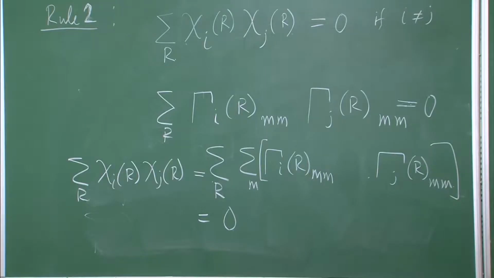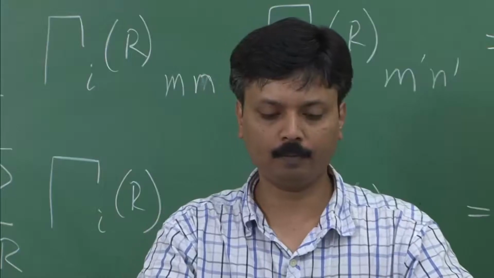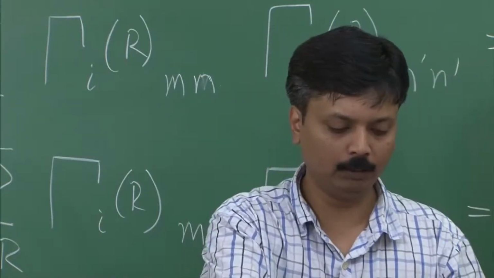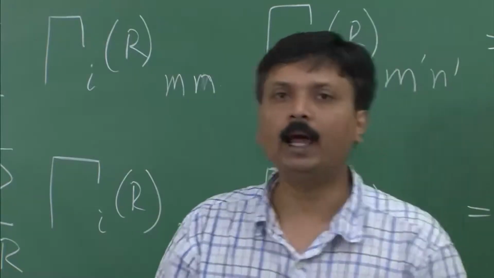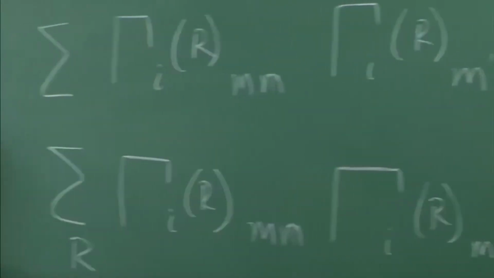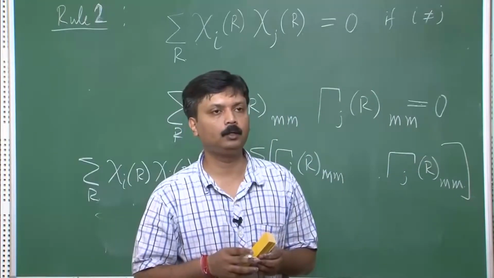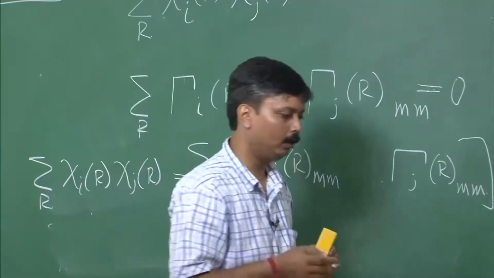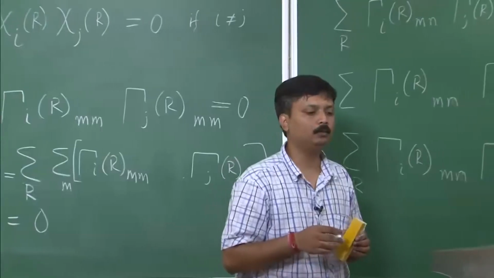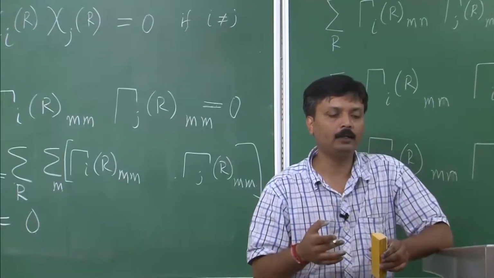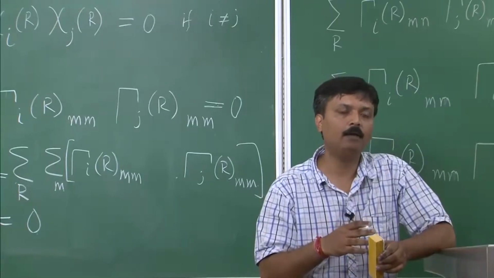So that is rule 3, and rule 4 says that in a given representation, be it reducible or irreducible, the characters belonging to the matrices which form a class are identical, which we have already seen in one of the previous classes, where we saw it in a different way, that the conjugate matrices have identical characters.